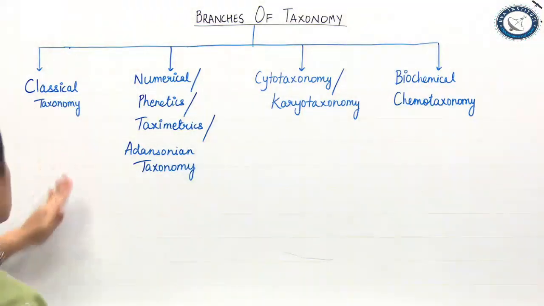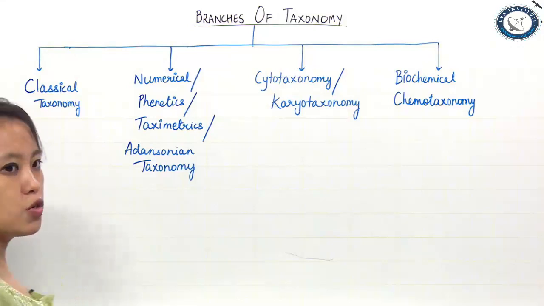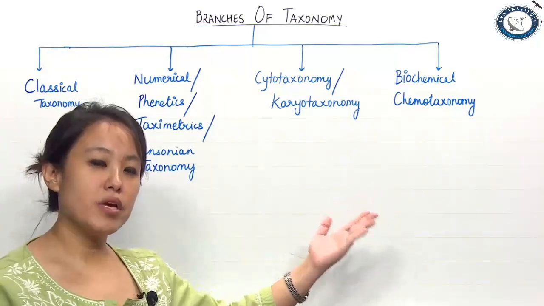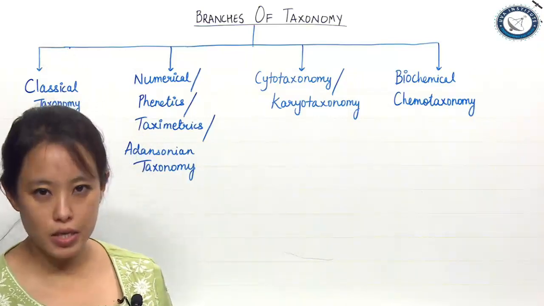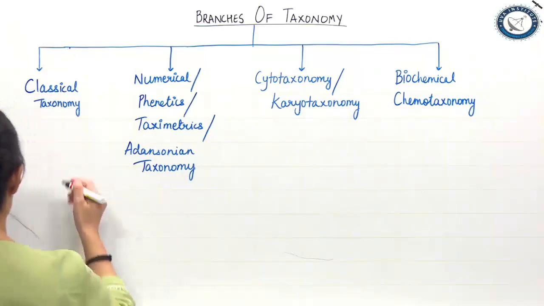Okay, the first that we will be dealing with is classical taxonomy. When we talk about classical taxonomy, remember that in the beginning it was initiated with the help of morphological characteristics. Okay, so moving ahead, let me write it down here for you.